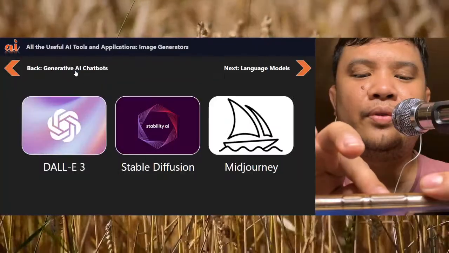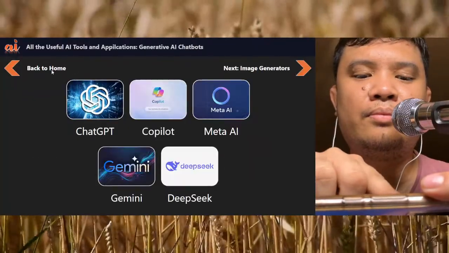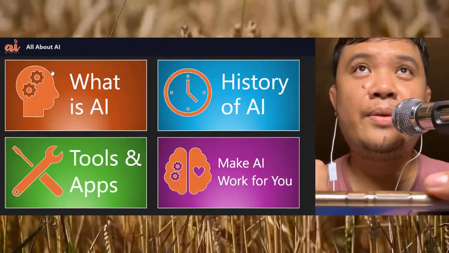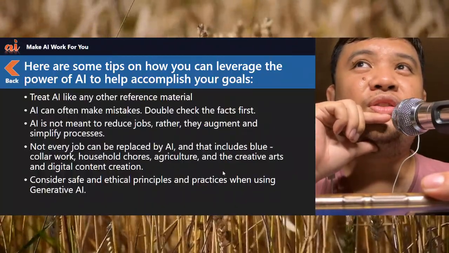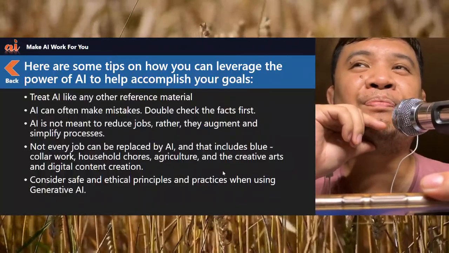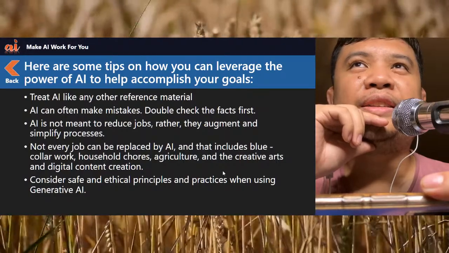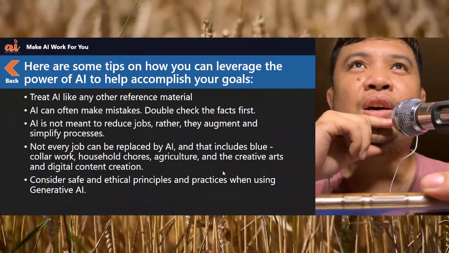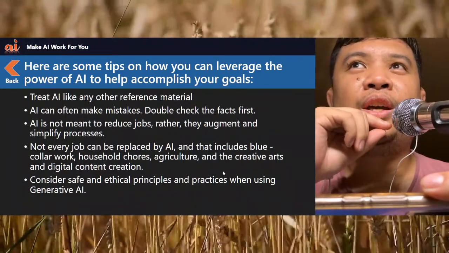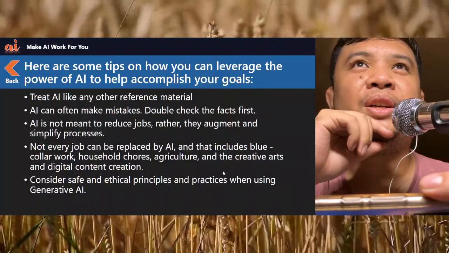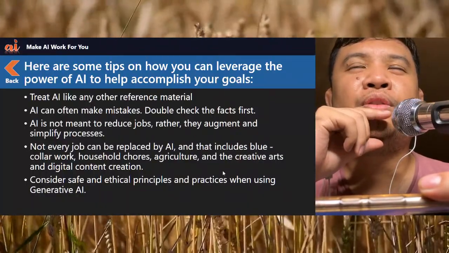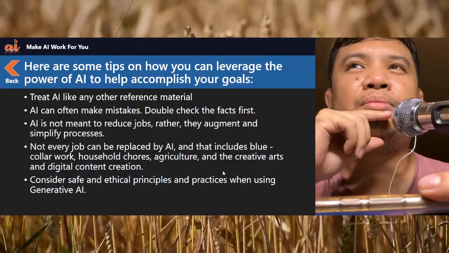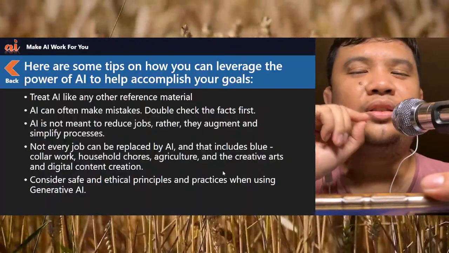And then, finally, the Make AI Work for You page. It's just giving us some pretty simple guidelines on how AI can help us achieve our goals. It may look like something written by ChatGPT, but you get the idea.